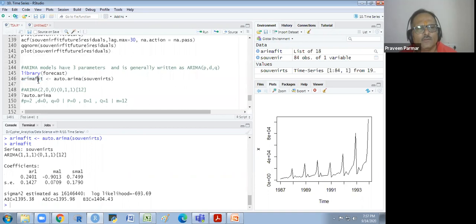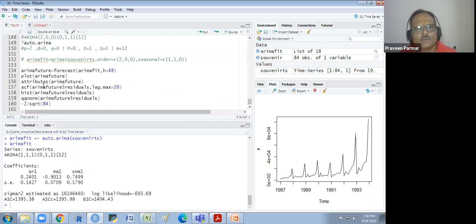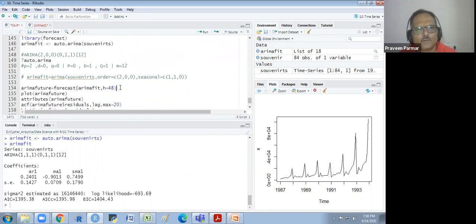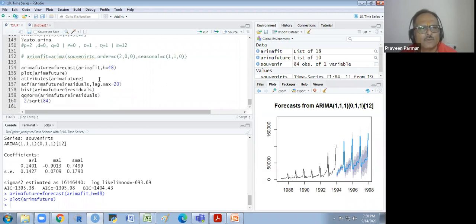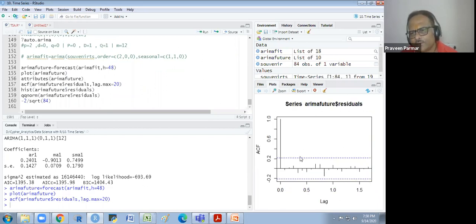If I plot, I am getting this. I have not taken the log value, I directly did this. And ACF, if I see here, it is under control again.